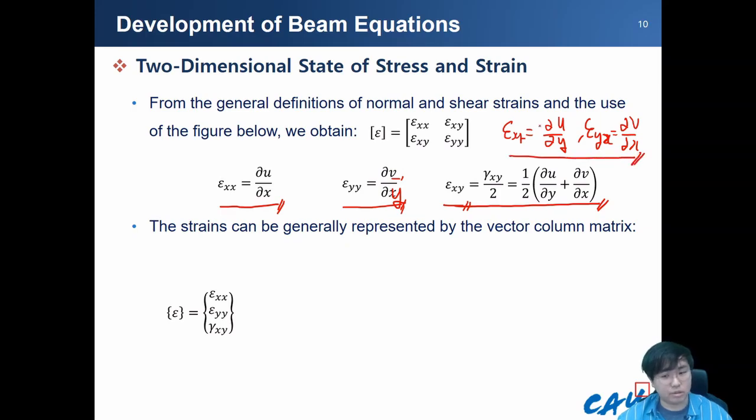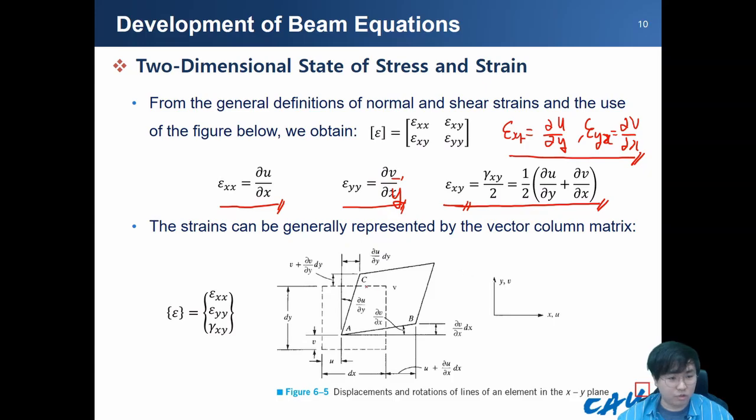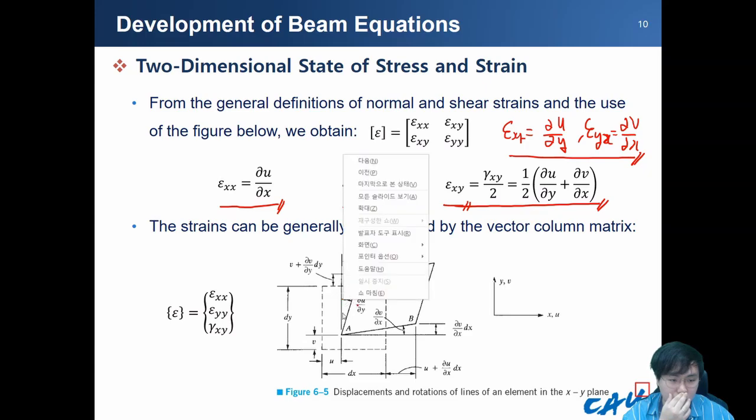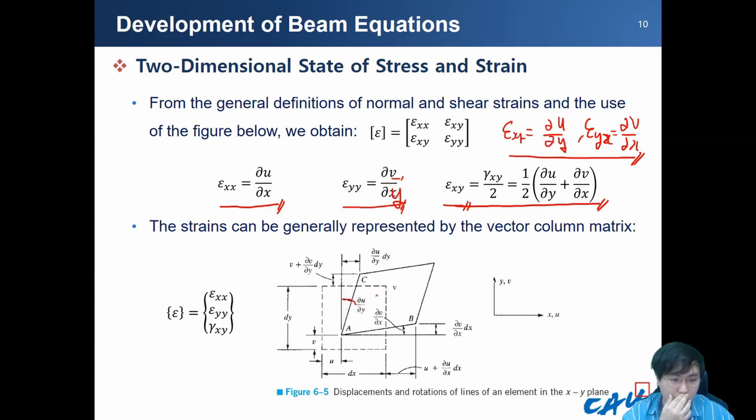However, in defining the solid structure, sometimes we can define the strain. What is a strain? Strain is the angle change in the solid structure. Here this length is du and this is dy, so the angle change is the tangent of du and dy.